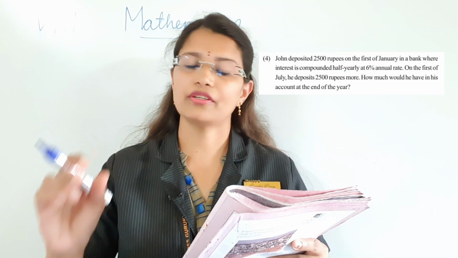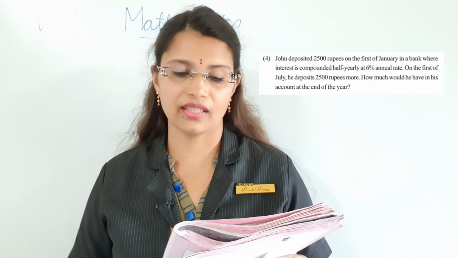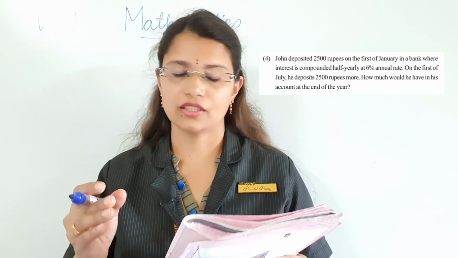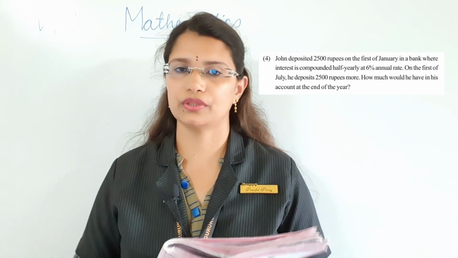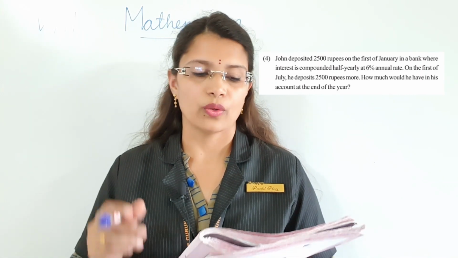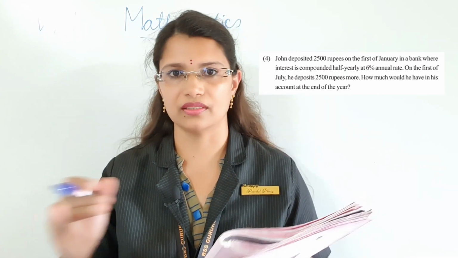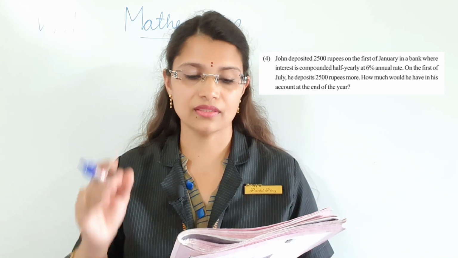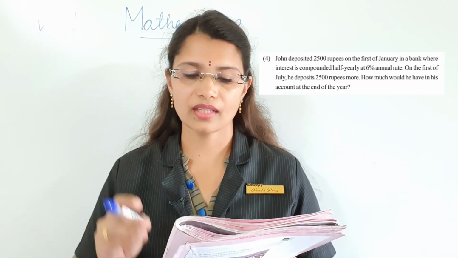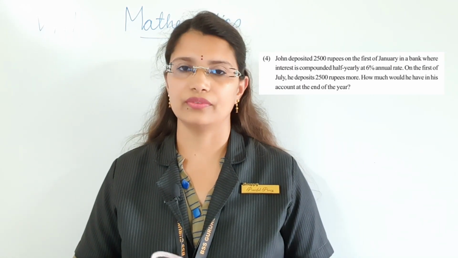So, rate of interest for 6 months is 3%. 6% is annual rate, so half yearly means 6 by 2 is equal to 3%. On the 1st of July, that means January to June, 6 months, half year over, he deposits 2500 rupees more. How much would he have in his account at the end of the year?